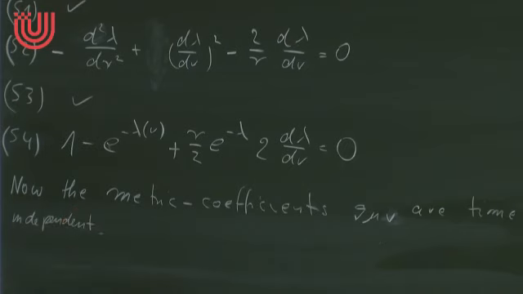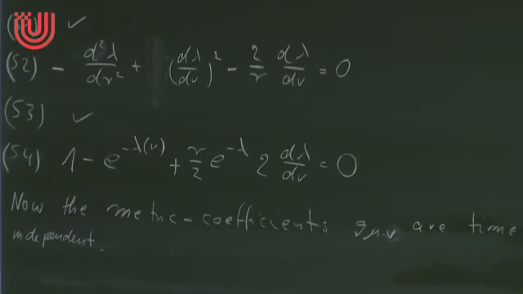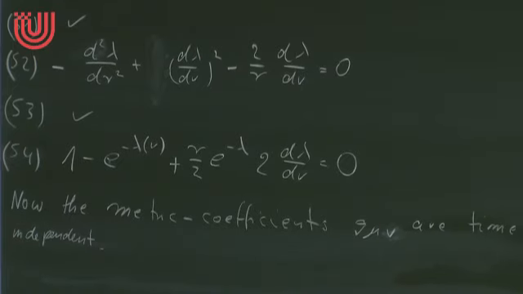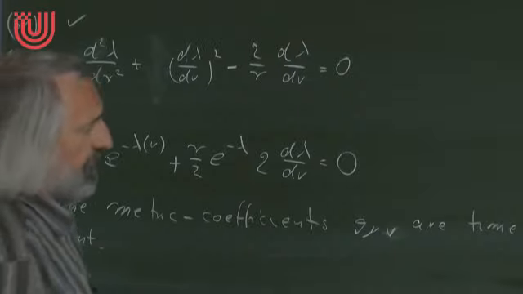We started with a spherically symmetric metric which was allowed to depend on time. Then we have inserted this into the field equation, and we have found out that after an appropriate coordinate transformation, we can transform the metric to a time-independent form. If we choose the time coordinate appropriately, then the metric is time-independent.